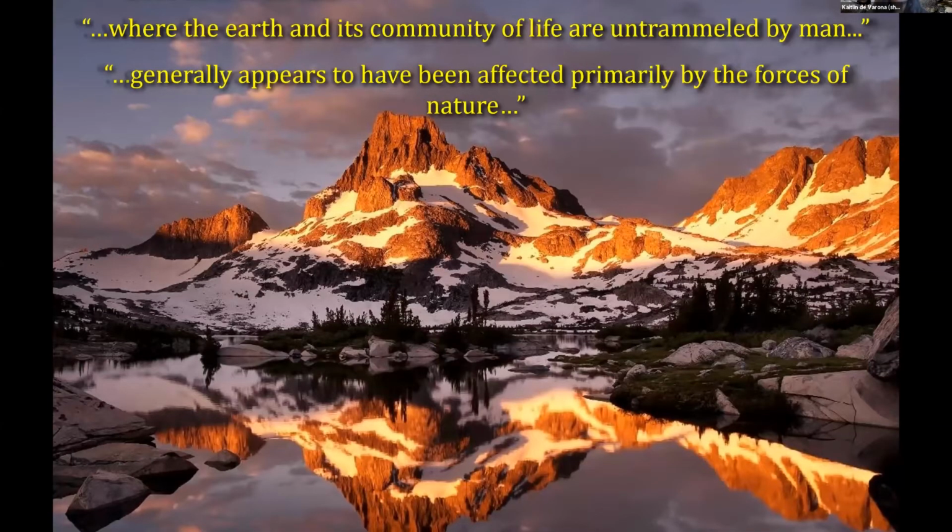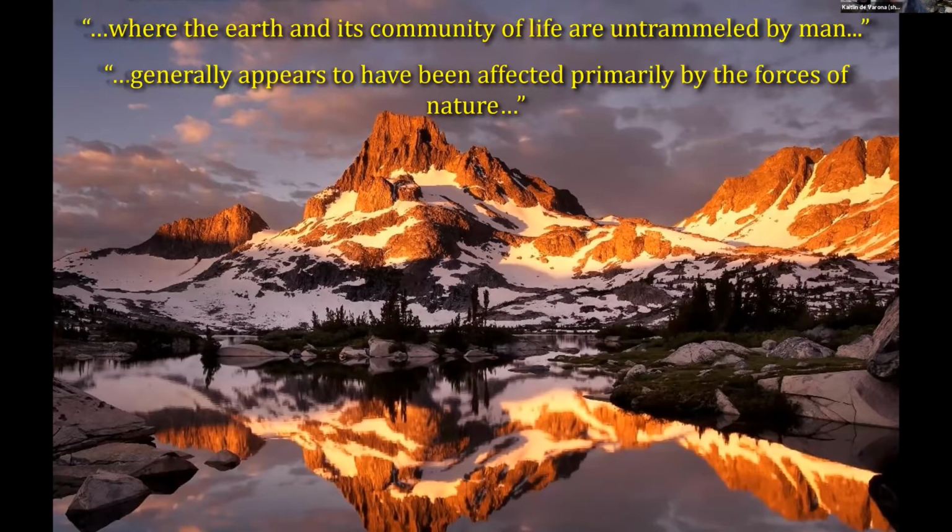The first one is untrammeled. And this is some language right out of the Wilderness Act, which is kind of cool and supports these qualities. So wilderness is where the earth and its community of life are untrammeled by man. Wildernesses generally appeared to have been affected primarily by the forces of nature. So when we use the word untrammeled, we're really capturing the wildness of wilderness.